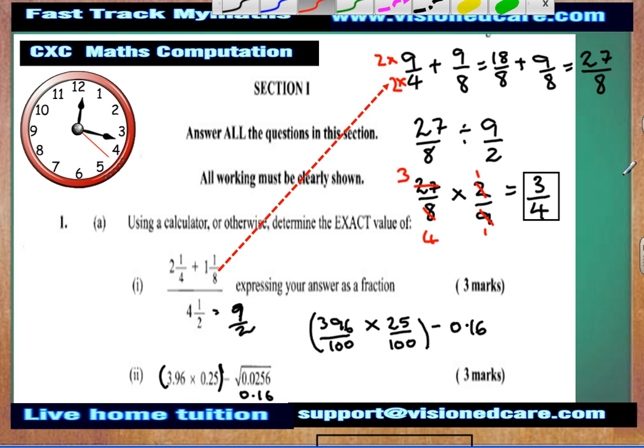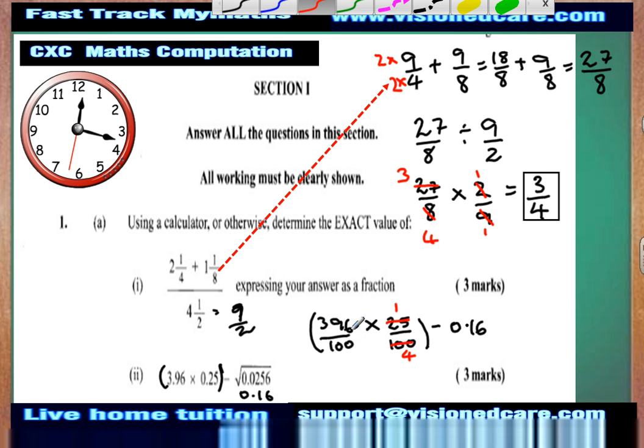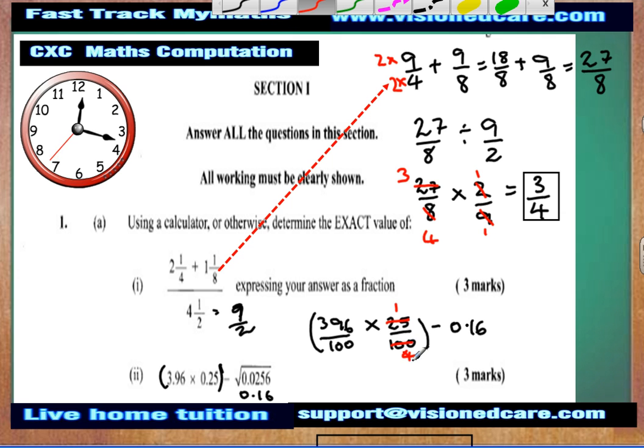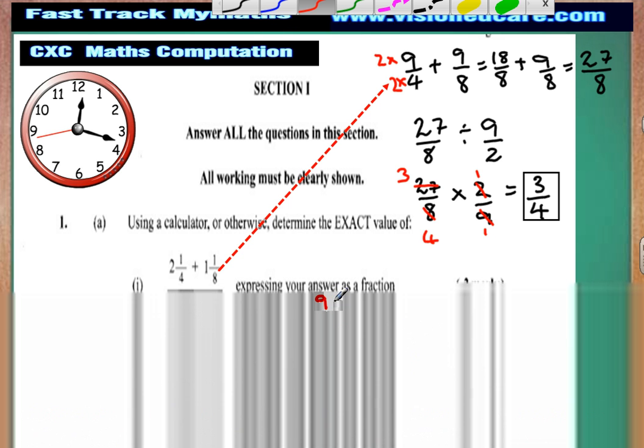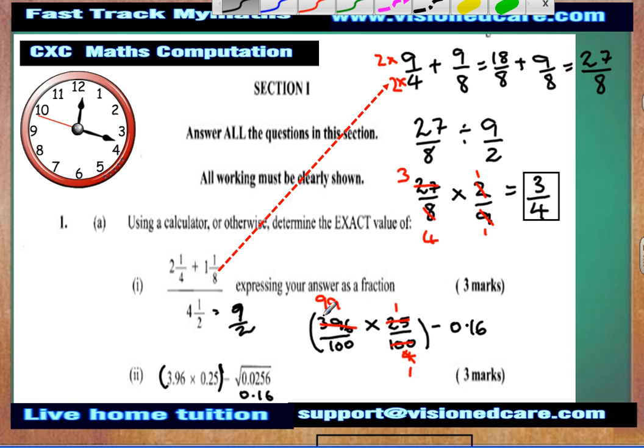Now we know that 25 can go into itself 1, and into 100 goes 4 times, and 4 into 396 goes 99 times. So 4 into itself here goes 1 times, and into 396 goes 99 times. So what we have left is 99 over 100, which is the same thing as 0.99.